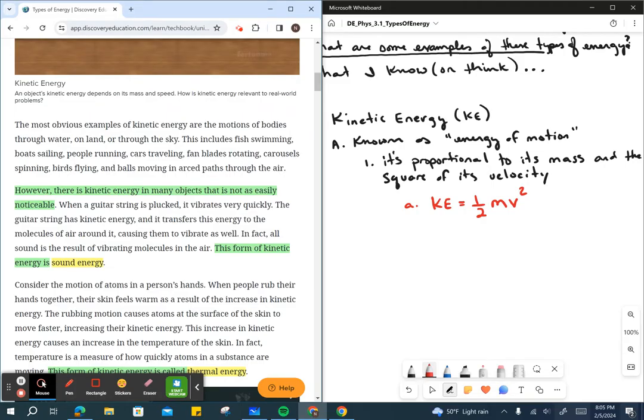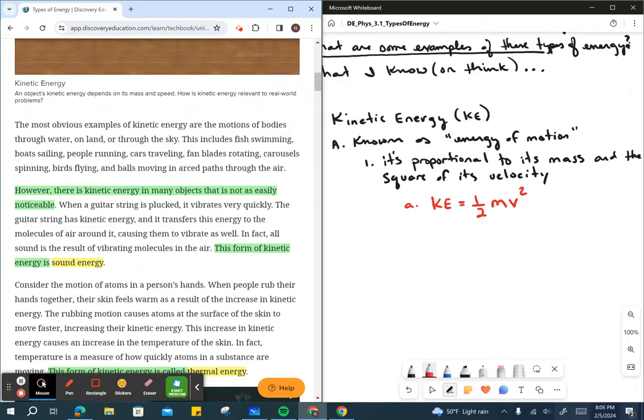However, there is kinetic energy in many objects that is not as easily noticeable. Plucking a guitar string, that quick vibration of the string, producing sound. This form of kinetic energy is sound energy.